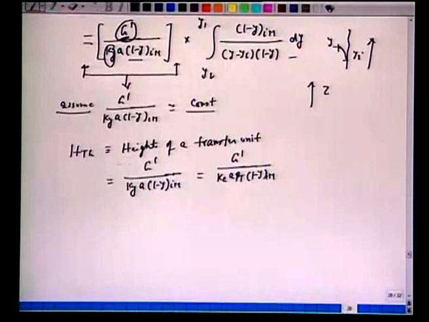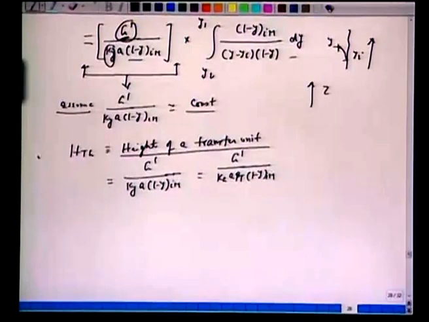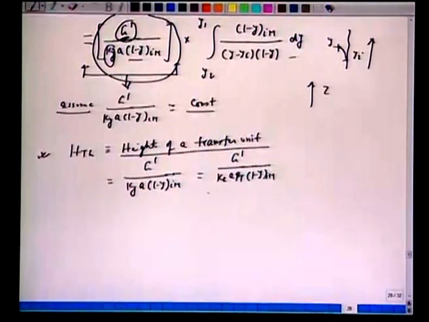So, we are defining this quantity here, height of a transfer unit. We will see later what is the physical meaning of this. For the time being, the quantity which is outside the integral is H_tG, and the quantity which is inside the integral, N_tG, is the number of transfer units.